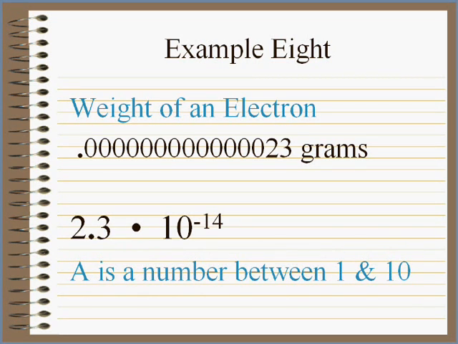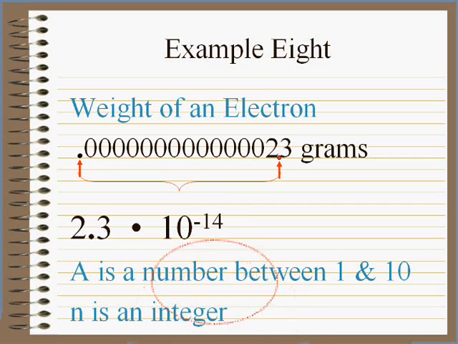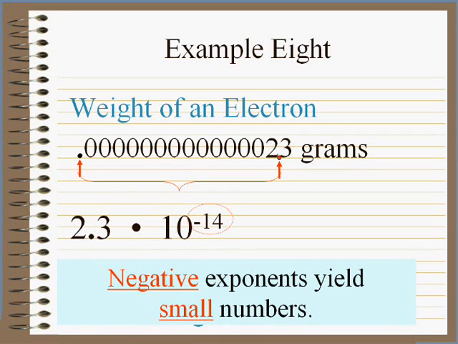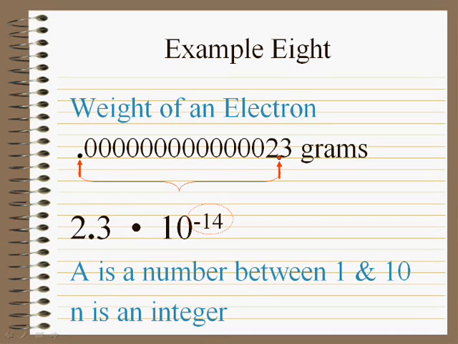A is a number between 1 and 10, the 2.3, and n is an integer, negative 14. See that we counted 14 places to where it ended up in its original position. And it was negative because it's a very small number. Negative exponents yield very small numbers. Go try the homework.